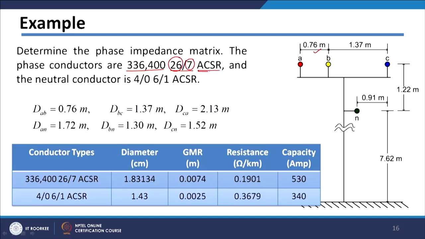So, it is an ACSR conductor here, and for the neutral conductor we have used this 4 by 0, which is 6 by 1 ACSR, means there are 6 aluminum strands and 1 steel strand.